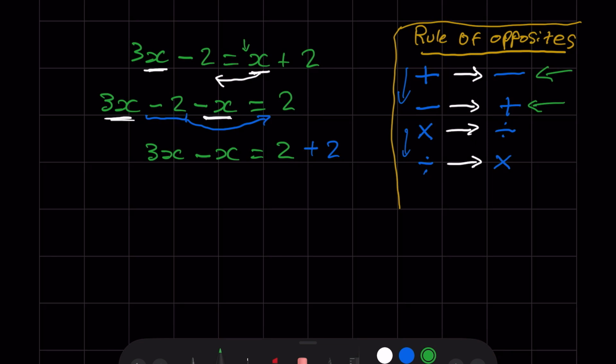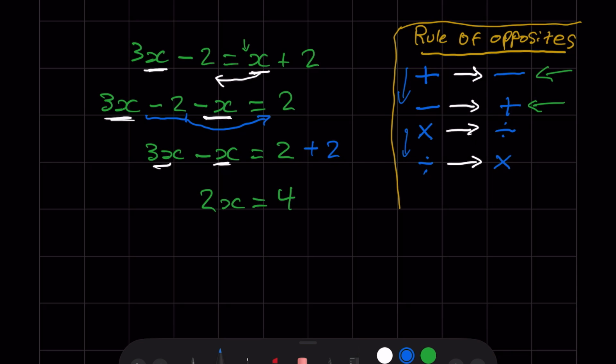We've got 3x here, and we're minusing 1x here. 3x minus 1x is the same as 2x. 3x minus 1x is 2x. 2 plus 2 is 4. So 2x equals 4.